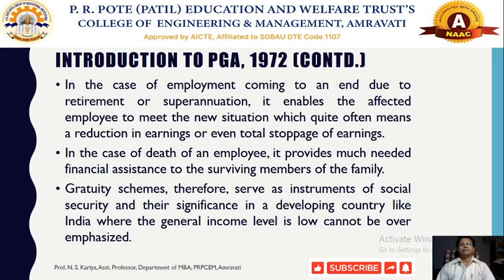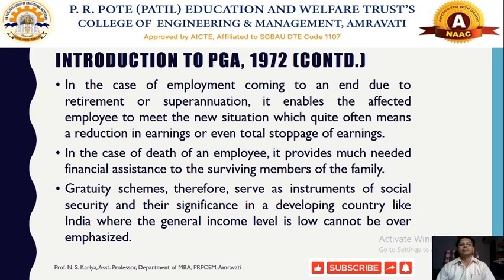In case employment comes to an end due to retirement or superannuation, it enables the affected employee to meet the new situation, which quite often means reduction in earnings or even total stoppage of earnings. Whenever an employee retires, they are completely exposed to a new environment, and there will be a reduction in earnings.